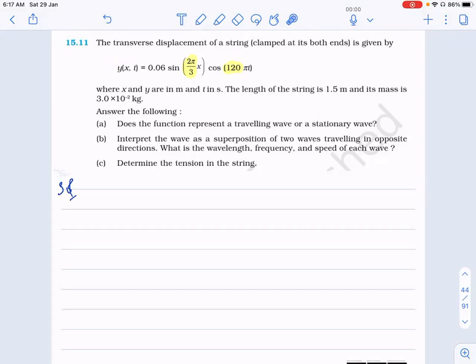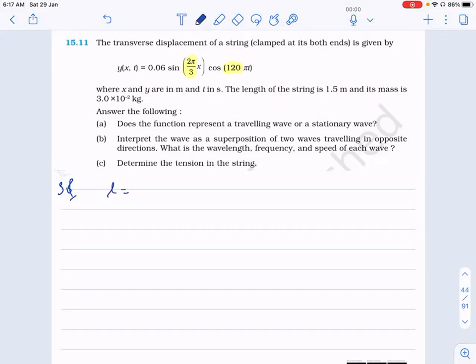This is the equation given. X and Y are in meter and time is in second. The length of the string is 1.5 and its mass is this much. तो इससे क्या मिलेगा आपको?